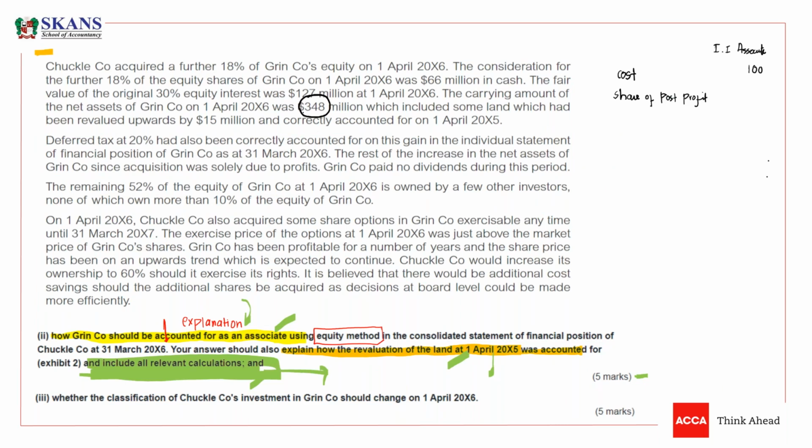of 15 million, and it has correctly been accounted for. It means this is an OCI item. So what we need to do is pick share of post-tax profits and other components of equity. Right now, this is 348. At acquisition of associate, it was 286, and we need to pick 30% of our share.